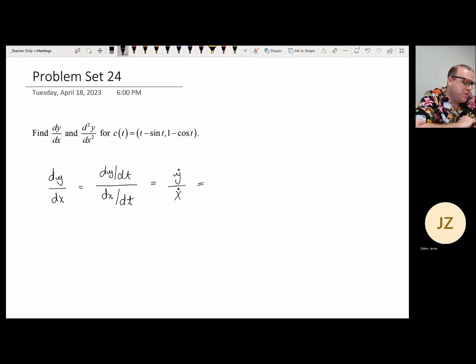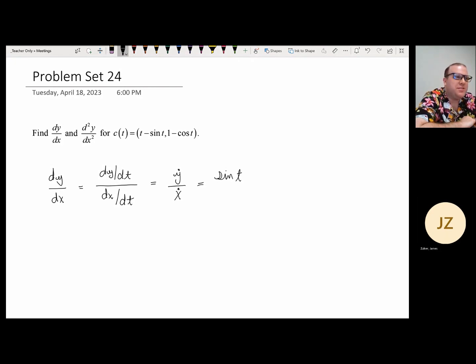What is the derivative of the y component with respect to t? Sine of t.